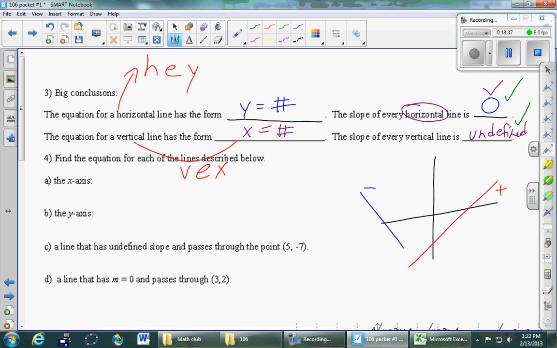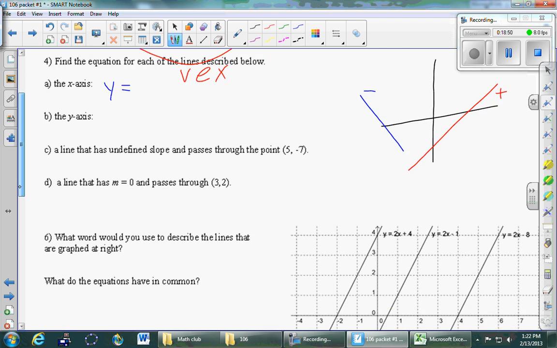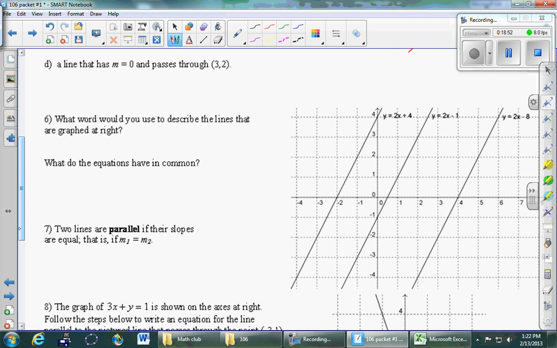Again, we said the x-axis was a horizontal line. Every horizontal line has the form y equals. So all we need to know is what the y value is for any point on the x-axis. I'll just pick one right here. What are the coordinates of that point at random? 6, 0. Let's pick one more point at random on the x-axis. -1, 0.